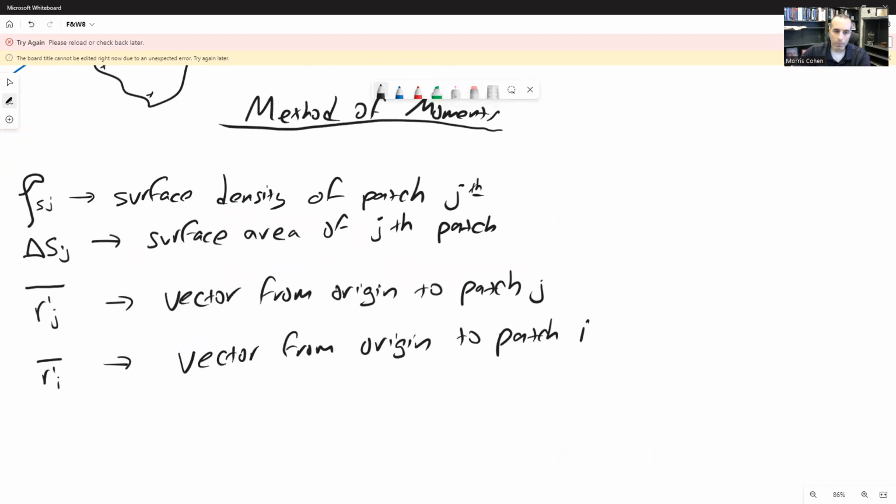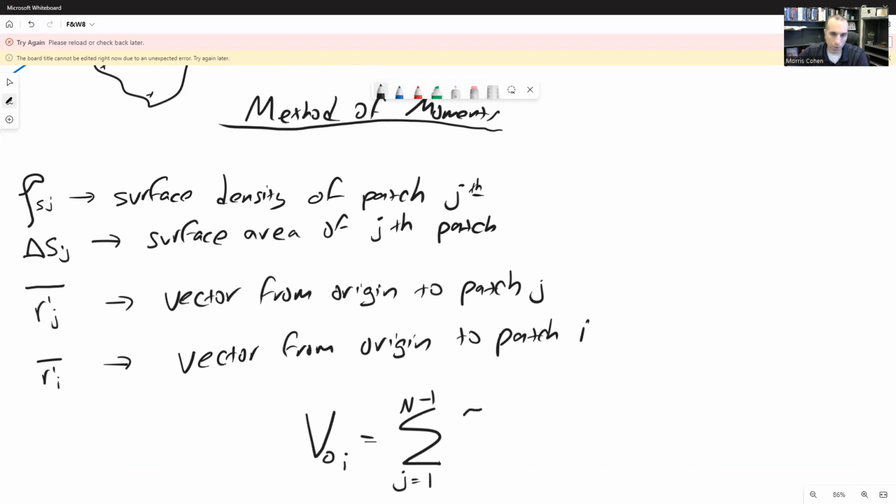And it's going to be V0 I, right? This is the voltage contribution of all of the other charges specifically on the ith patch, equals, we're going to sum up all those contributions, and we're summing up all the j patches from j equals 1 to n minus 1, because there's n minus 1 other patches that contribute.